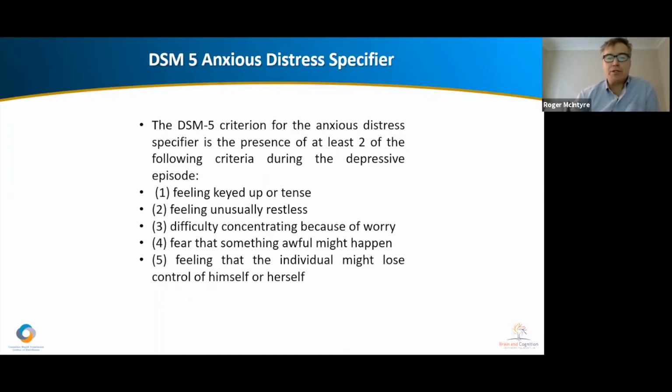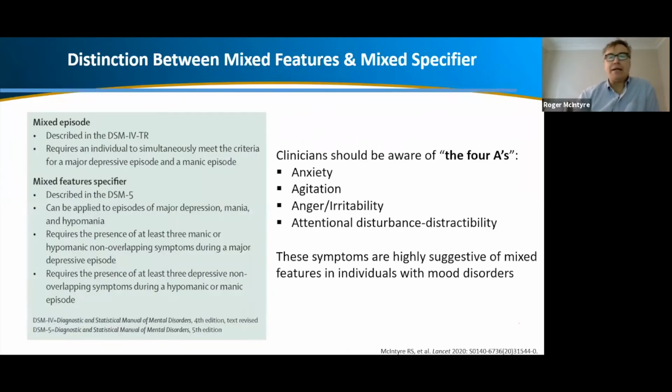Circa 2013, DSM-5 gives us the mixed features specifier ostensibly to instantiate the relevance of anxiety. Let's not confuse the anxious distress specifier with the mixed features specifier. If anyone on the call today knows how to disambiguate the two, please write a paper. I will nominate you for the Nobel Prize.